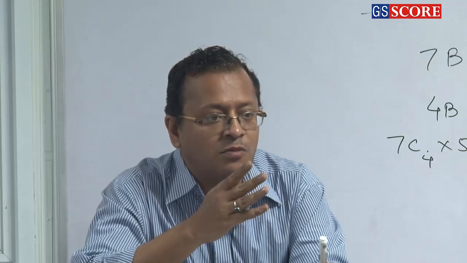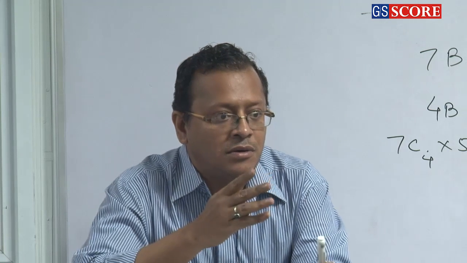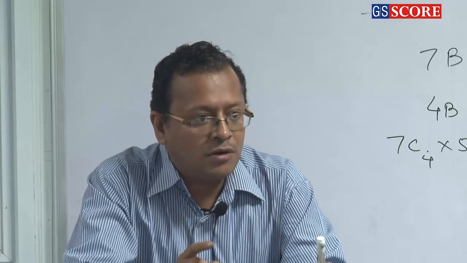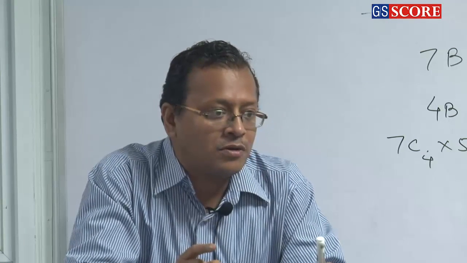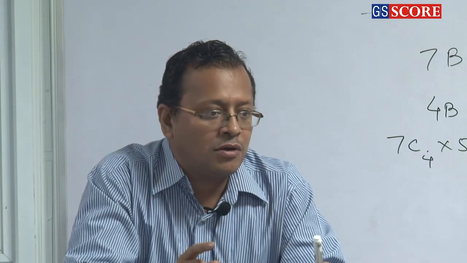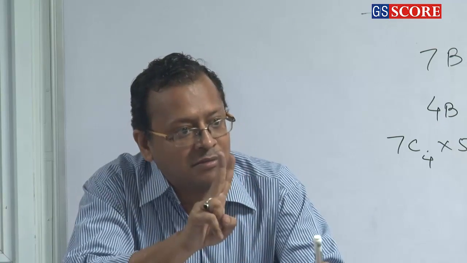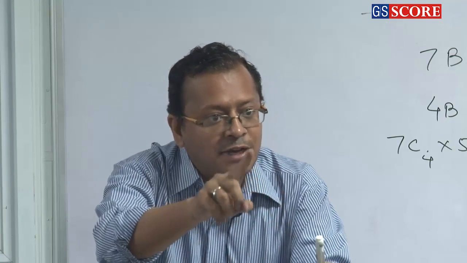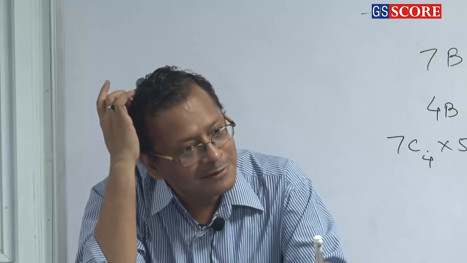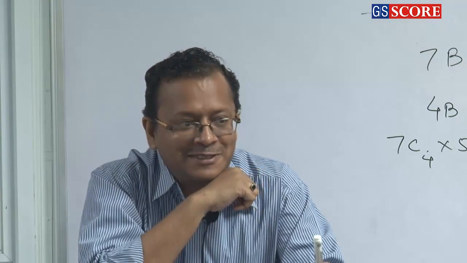So I have to select how much? 1 from 2 and 2 from 3. And that is repeated twice. This is for G1 as well as G2. This is much easier.